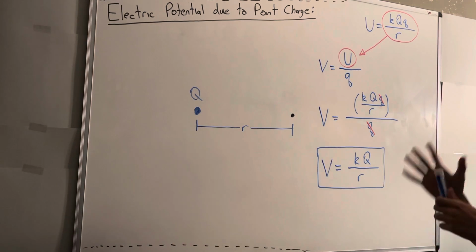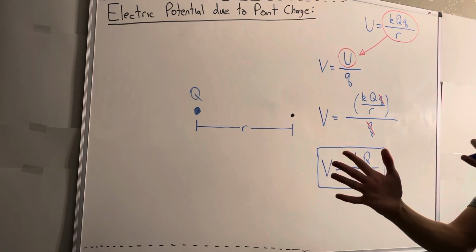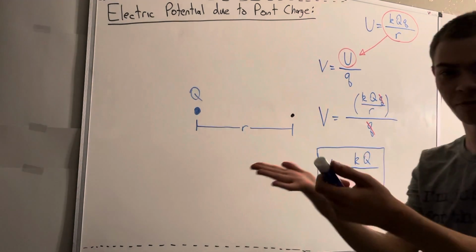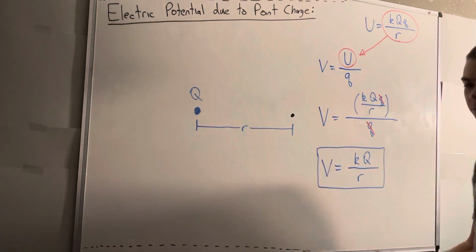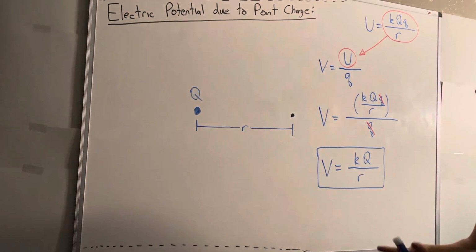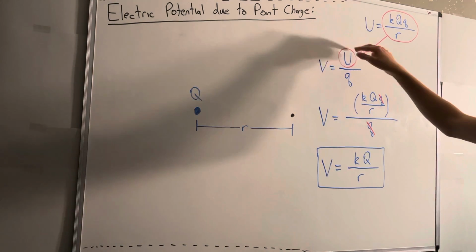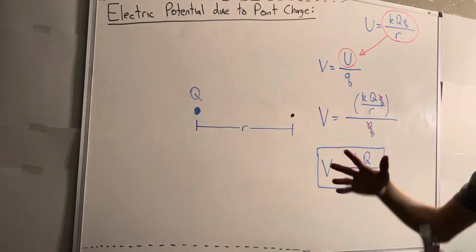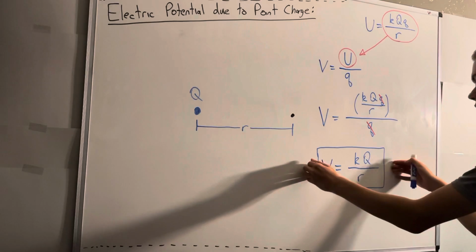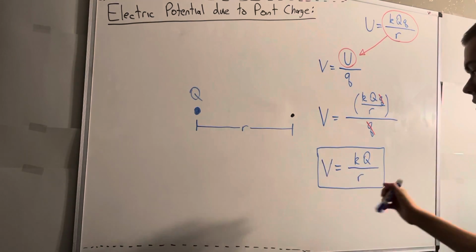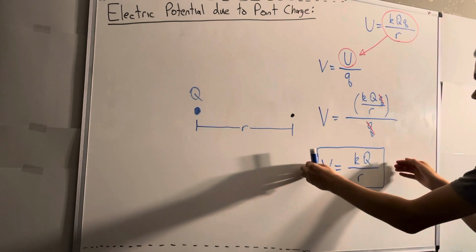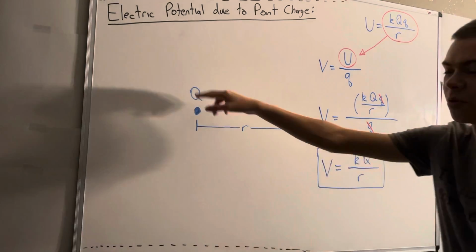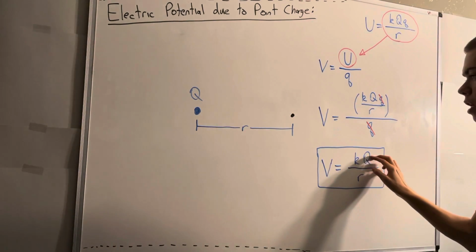Now, unlike electric field, which is a vector, electric potential is a scalar, because really it's dealing with energy, which is a scalar, and charge, which is a scalar. So we're not thinking about direction when it comes to this. And when we're evaluating this, we're not thinking about the magnitude of our point charge; it's just the value of the point charge itself.